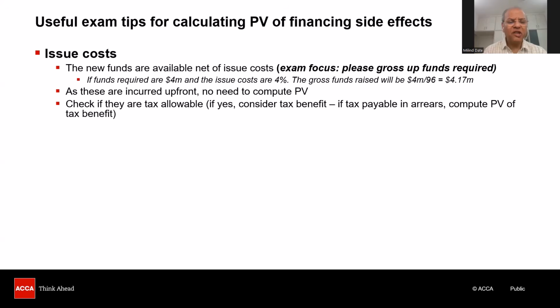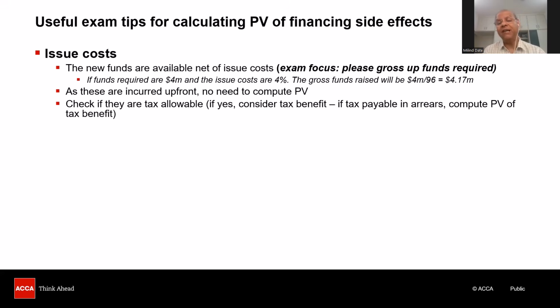Based on the jurisdiction, these issue costs either may be tax allowable or not allowable. So somewhere in the exhibits, look for this information. That's why I said the information may be available to you in a scattered manner. So you have to use all the sufficient care to make sure that you read it properly.